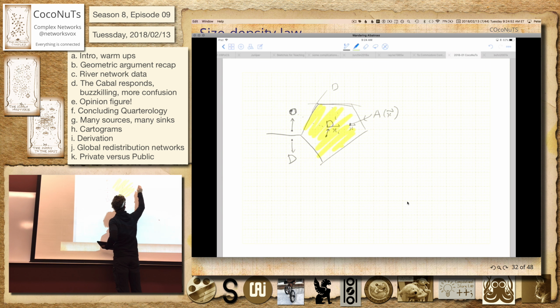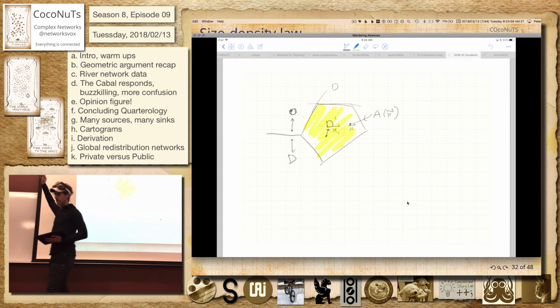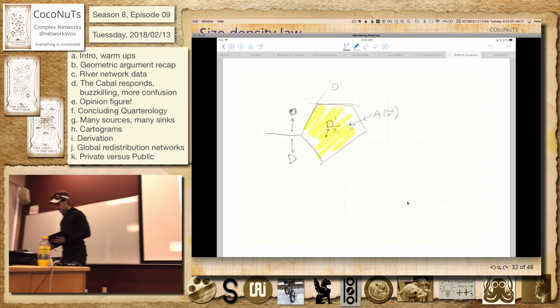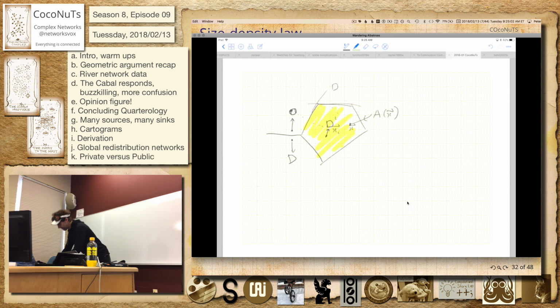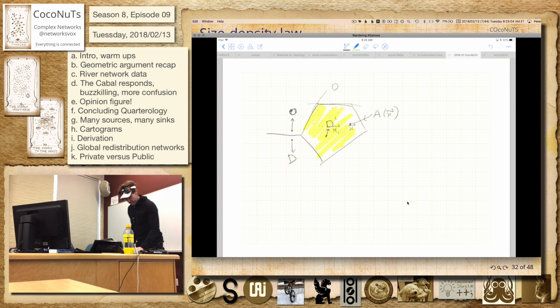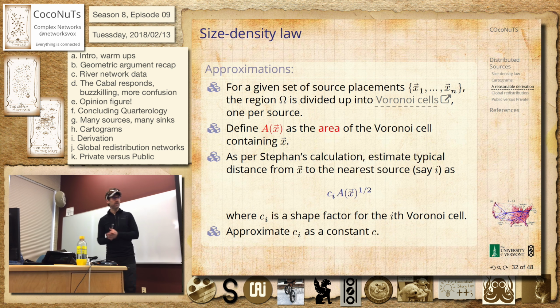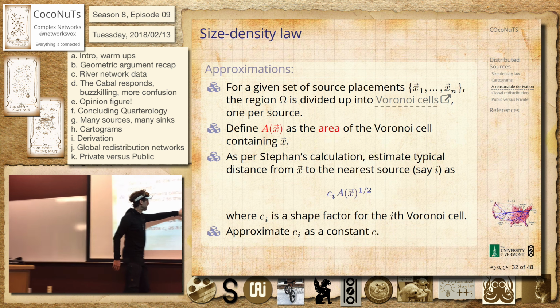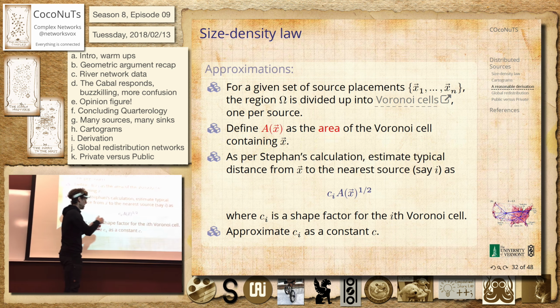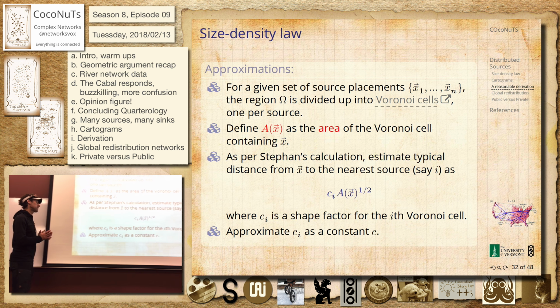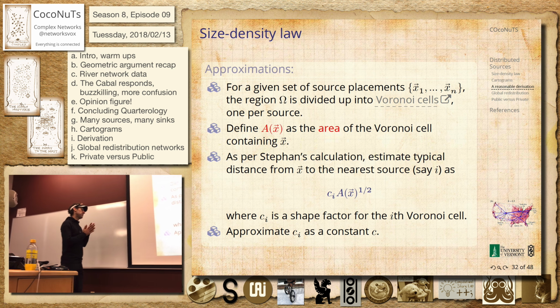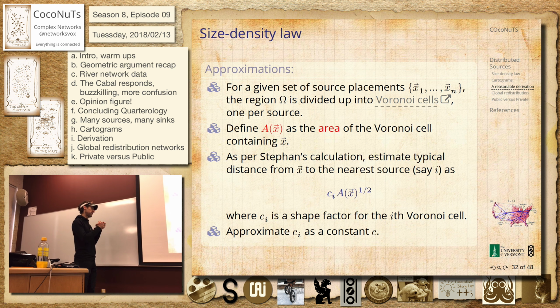So you go to a point here and you measure this area thing, it will just return you the area of the cell you're in. And that's a nice function to have, right? Because roughly that area to a power of a half is going to be a measure of the typical distance from any member in that cell to the facility. So that gives us something.